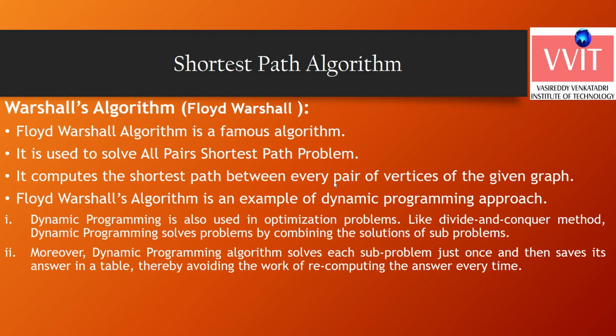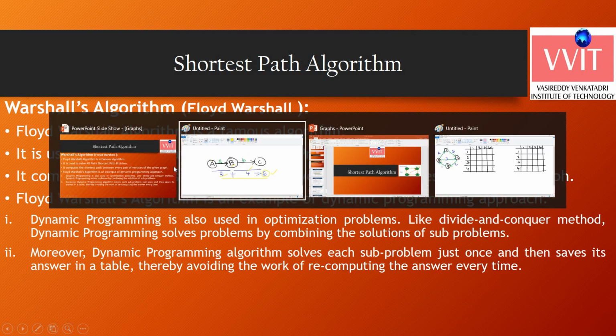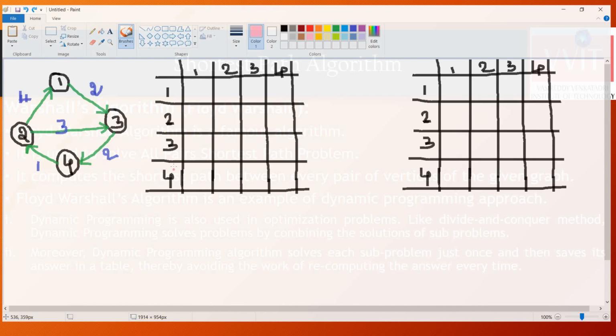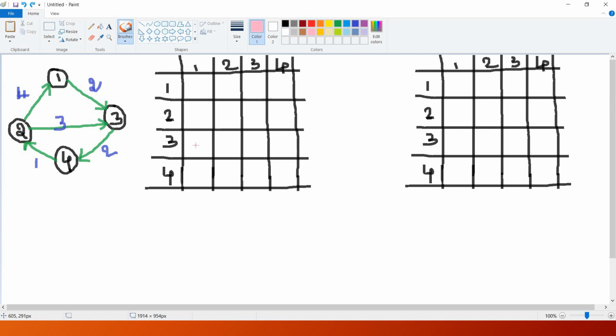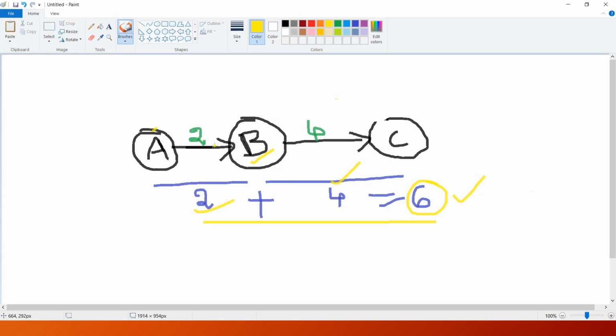Okay. Suppose we have an example over here. So how do we find the shortest path between every pair of vertices? In the earlier case, what is the shortest path for this pair of vertices? We have two choices. One is by means of intermediate node B and the other is the direct way. So we can move straight from A to C or else we can move through B. Out of these two, which one is smaller?